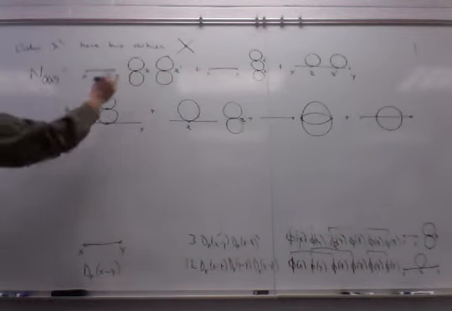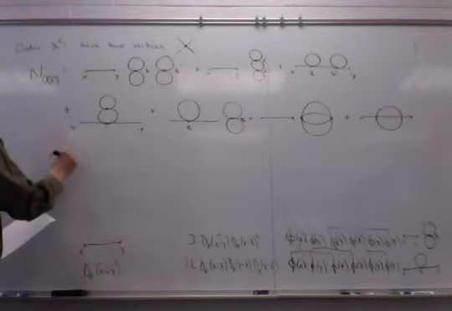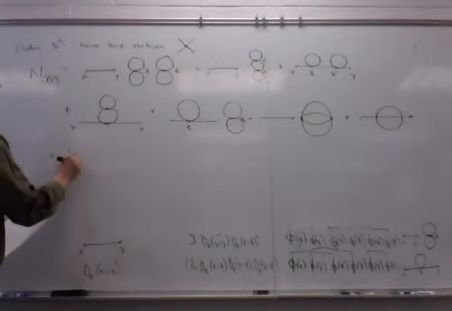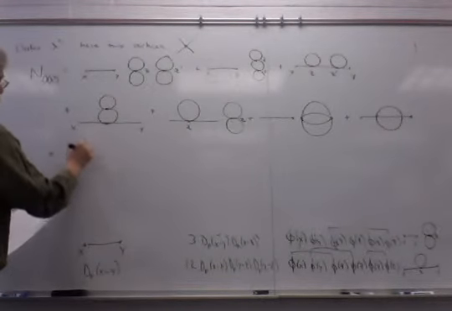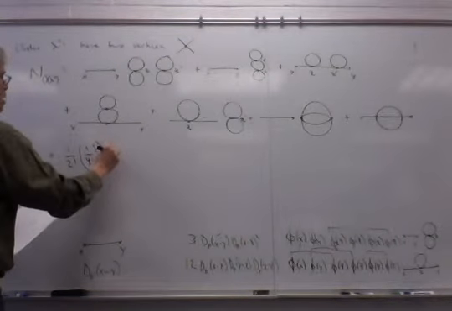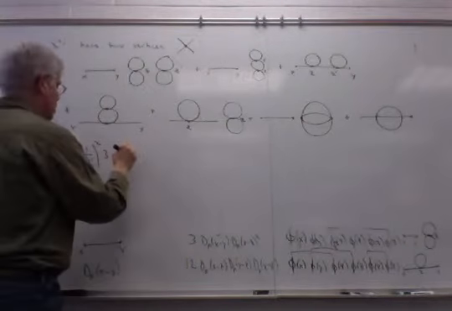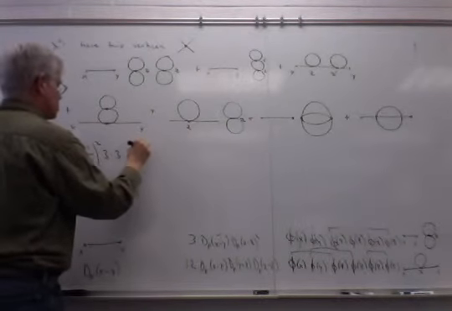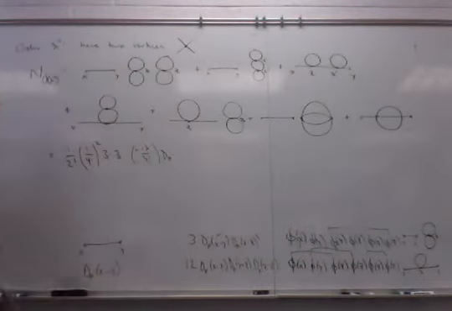For that first diagram, I already erased it, but we had a total numerical factor of 1 over 2 factorial, 1 over 4 factorial squared, and then 3 times 3.